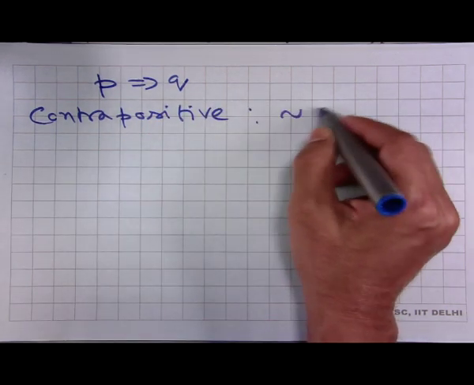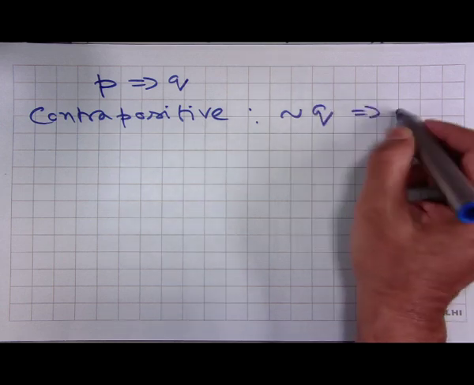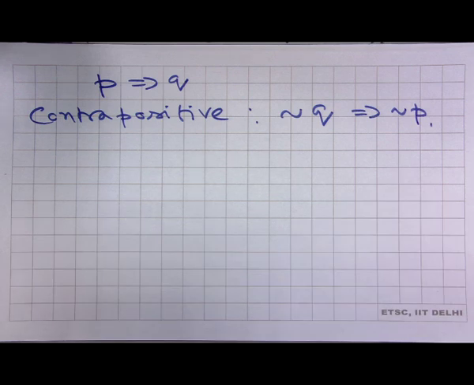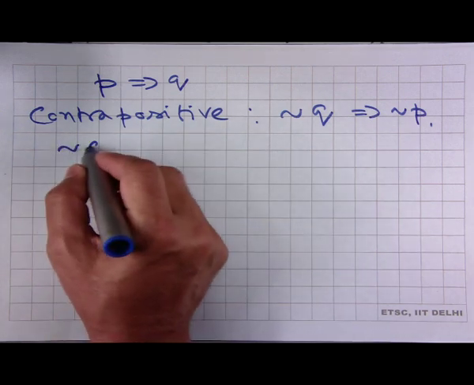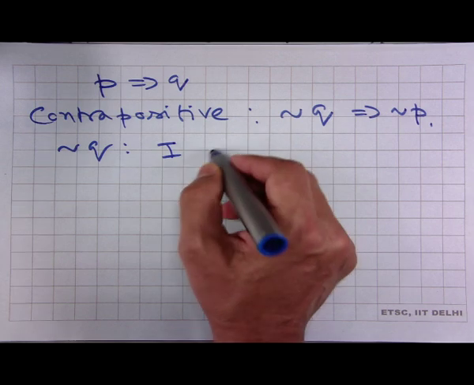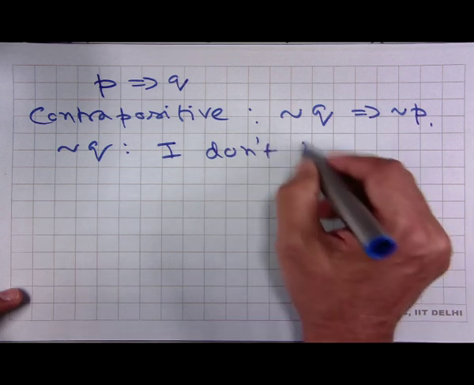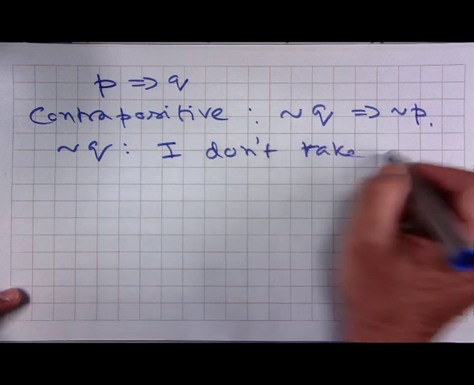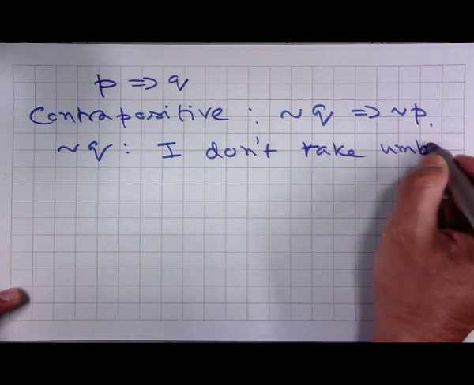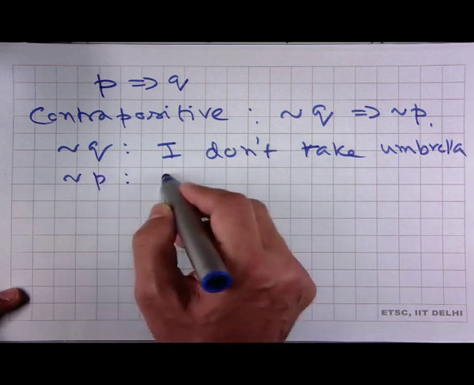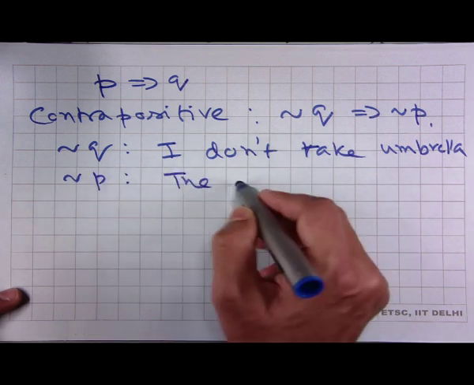Contrapositive means not Q implies not P. What is not Q? Not Q is that I don't take an umbrella, and not P means the sky is not cloudy.